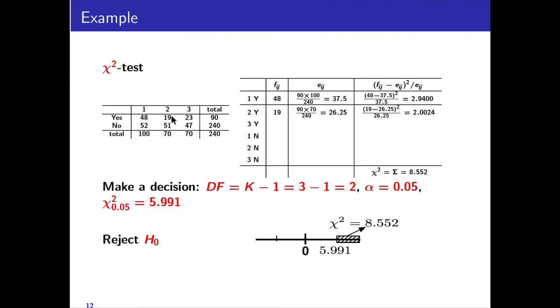So you have this observed frequency 19, and your expected frequency will be 90 times 70 over the grand total 240, and that will give us 26.25.